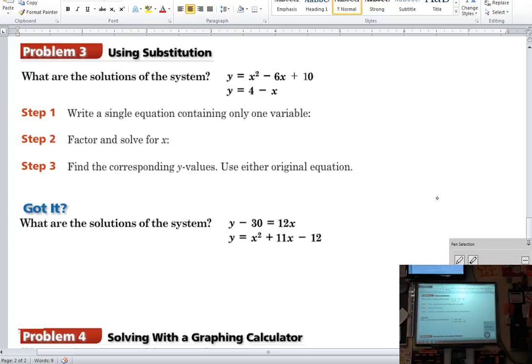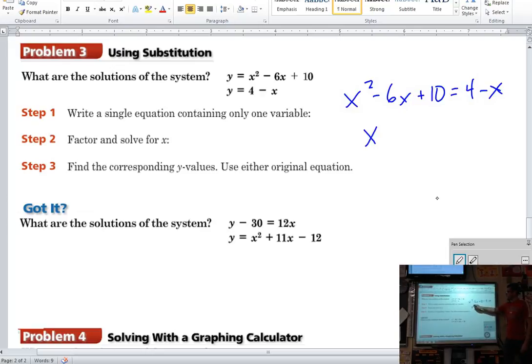So if we do this with substitution, if we plug in and set these equal to each other, we have x squared minus 6x plus 10 equal to 4 minus x. Since they're both equal to y, we can just set them equal to each other. What do you want to do then? Add x to each side.